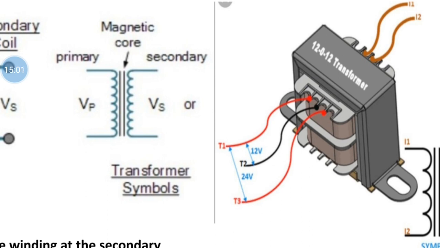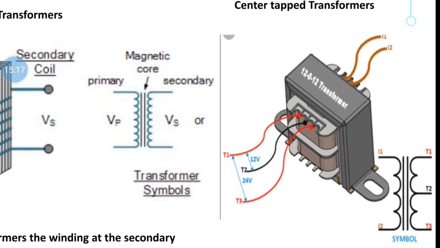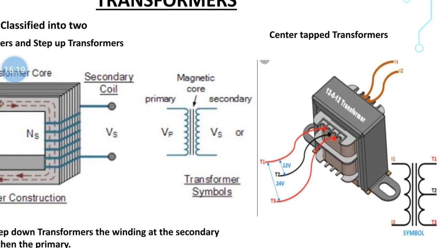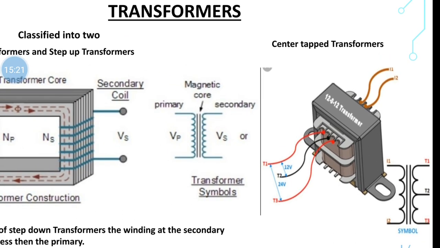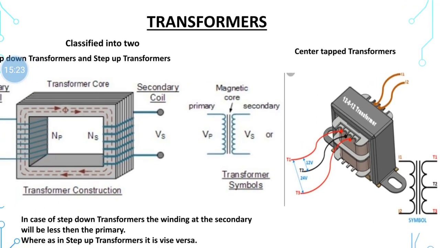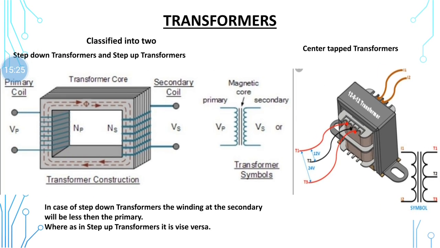If you use both T1 and T3, and the center of the transformer is used as a neutral, common one, you get a voltage of 24 volts. So the center tap transformer has the advantage of providing more output than the normal transformer. The symbol of a center tap transformer is shown here.